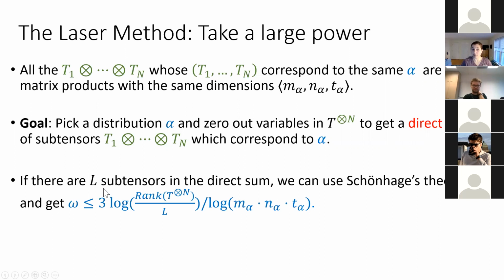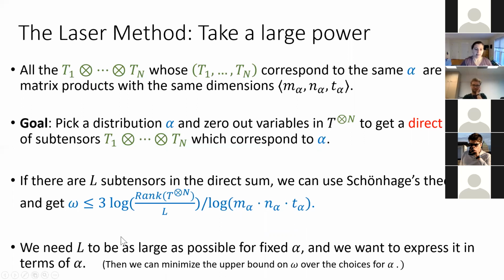If we manage to do this, and what remains are L subtensors in the direct sum, then we can use Schoenhagen's theorem, plug stuff in, and we get omega is at most 3 log base rank of t to the nth power divided by L, divided by log base m sub alpha, n sub alpha, t sub alpha for that alpha. And if you look at this, in order to minimize omega, we want L to be as large as possible.